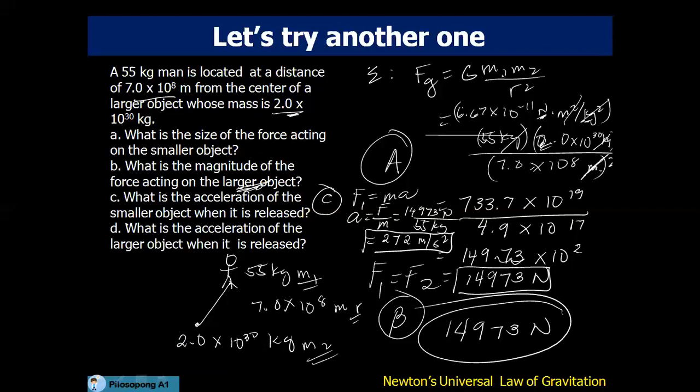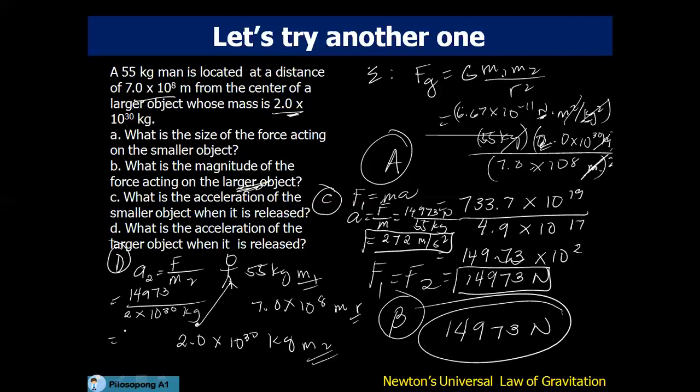Okay, for D, the value of D, that is the acceleration of the larger object. We also use this equation. We'll have a2 is equal to F, the value of F that we have computed, over mass 2. So we have F, that is 14,973 over the mass of the object, that is 2 times 10 raised to 30 kilograms.